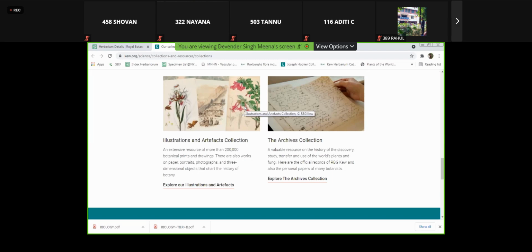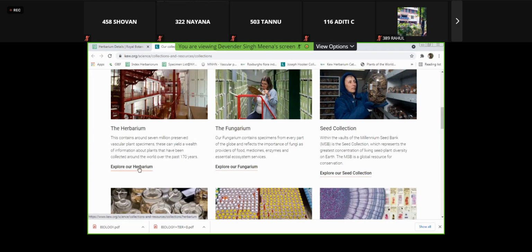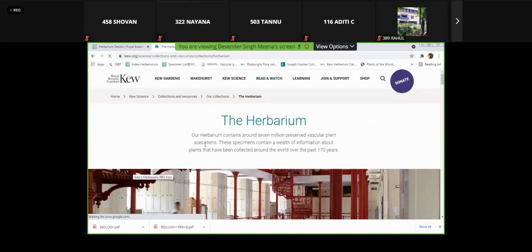So we are going to the herbarium part only, and I will leave you with this website and the mechanisms where you can explore all possible collections, whatever you would like to. But I'm going to look into the herbarium section. So if I click on explore our herbarium, it will take me to the herbarium section, which has around 7 million preserved vascular plants.